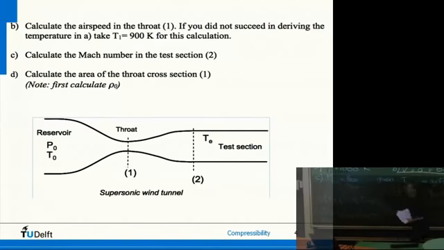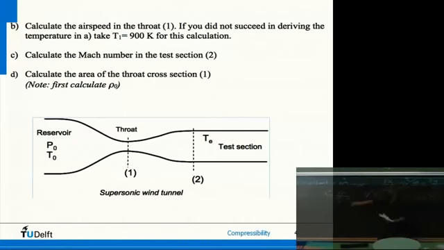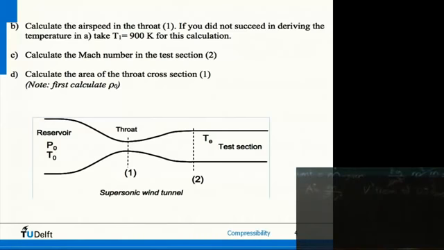So that one we have from B. V star from B was 640 meters per second. So if there's any way to compute rho star, we're done.